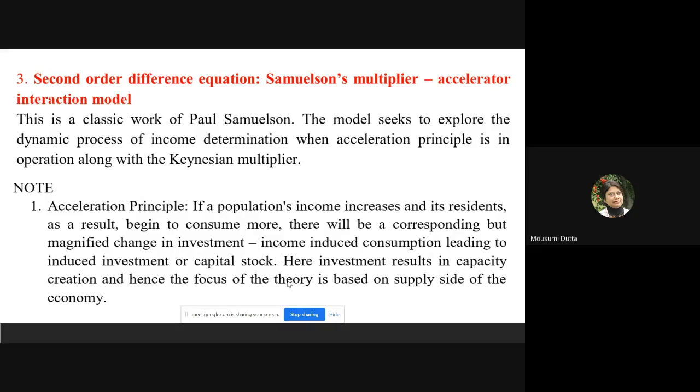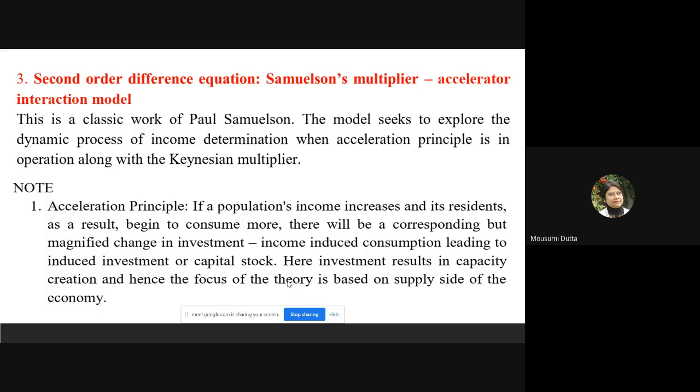Therefore, it is the multiplier accelerator interaction model. They will interact with each other and be operative at the same time. This is a classic work by Paul Samuelson. The model seeks to explore the dynamic process of income determination when acceleration principle is in operation along with the Keynesian multiplier.